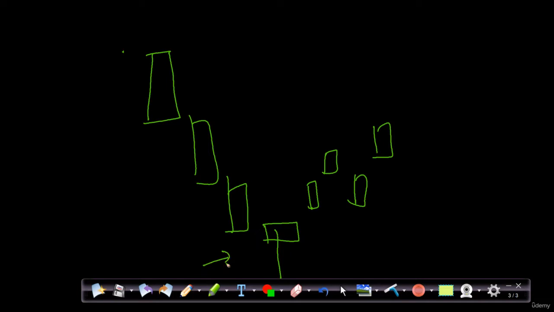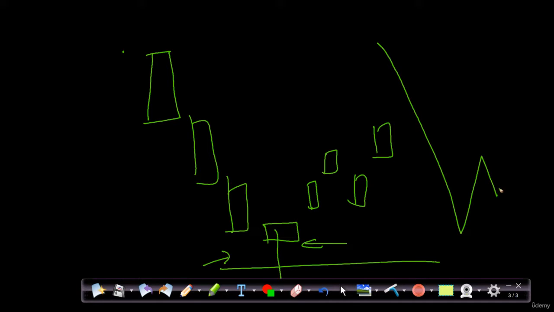But this is the hammer candlestick, and I know this is the bullish sign, and this one is the support. So if I draw the lines, it is just like this one, and this one. Here we find the hammer, and the market is moving upside. So what I will do, I will just enter here.